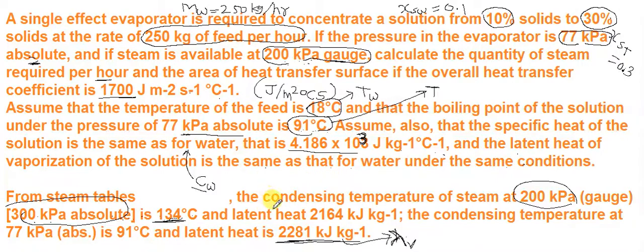And the latent heat of steam at this temperature, 134 degrees Celsius, or at pressure 300 kilopascal absolute, latent heat of steam, lambda s, is 2164 kilojoule per kg. So these values are given.